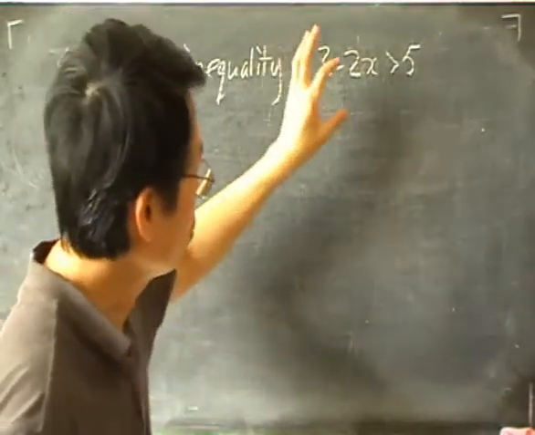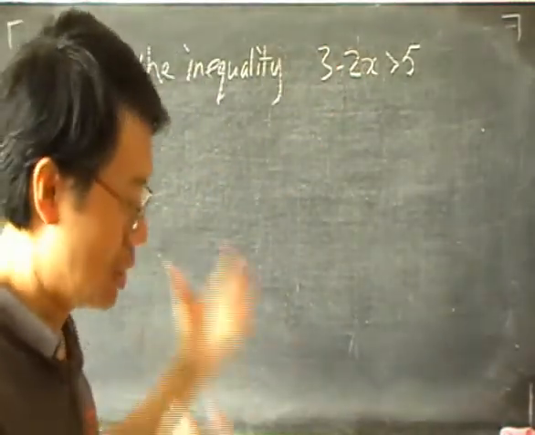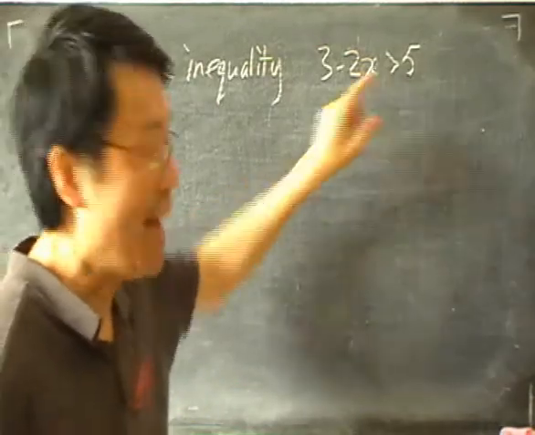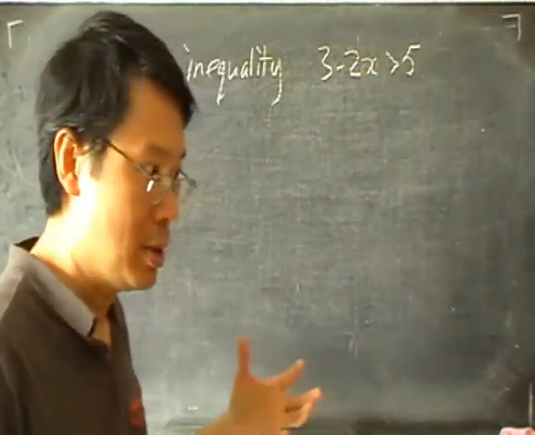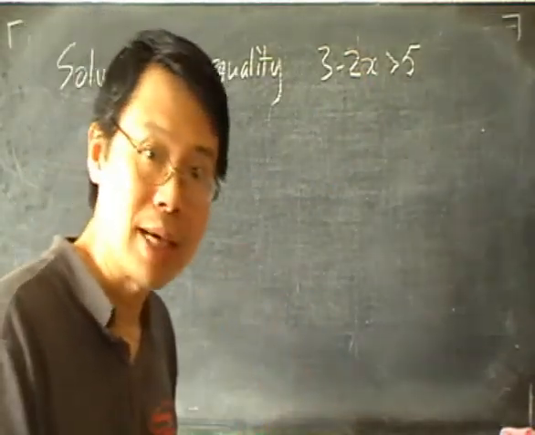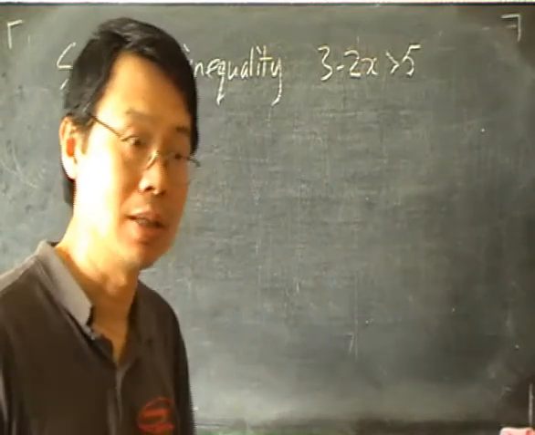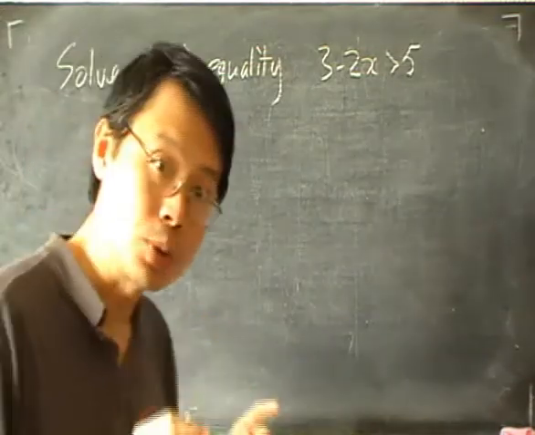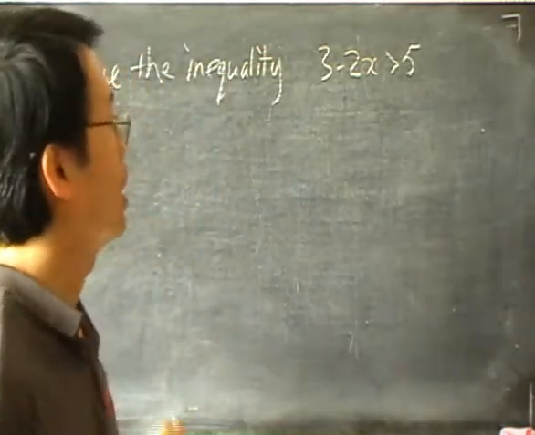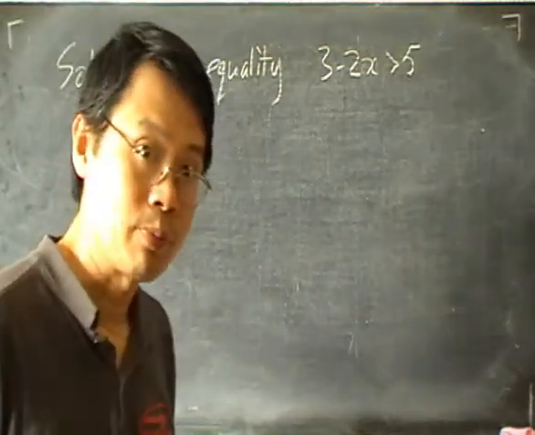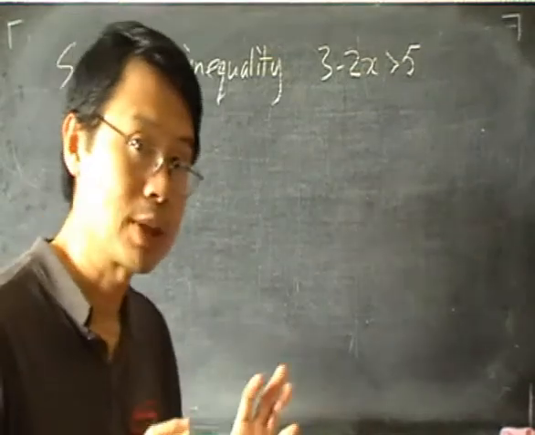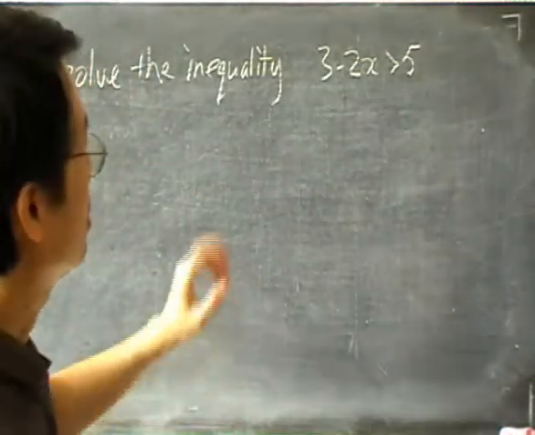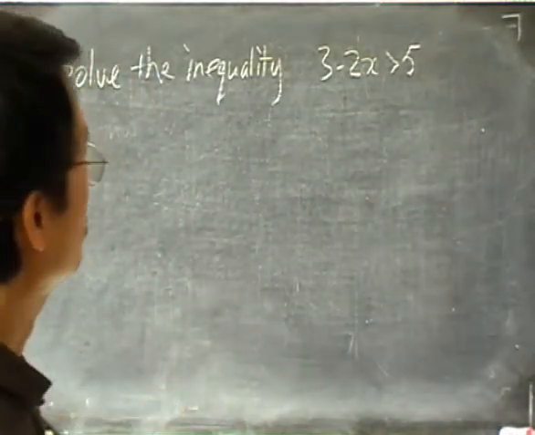Now when I want to solve this inequality, that means that I want to find out about x itself. I want to find out whether x itself is more than or less than a certain number, and I want to know what that number is. And the steps are almost the same as solving equations. Almost, with some differences that we might see along the way.